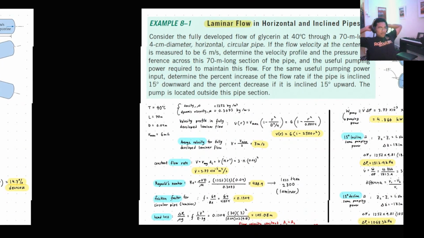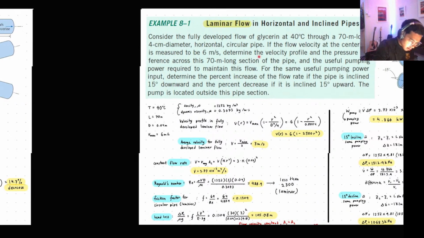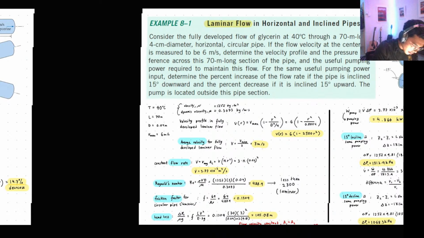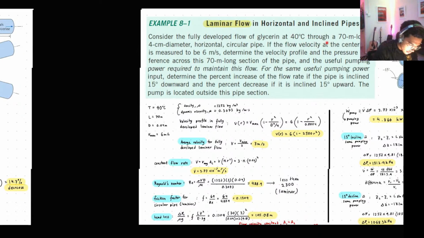Okay, welcome back, guys. Now we are going to do the first example: laminar flow in horizontal and inclined pipes. Bismillahirrahmanirrahim. Consider the fully developed flow of whiskey at 40 Celsius through a 7 meter long, 4 centimeter diameter horizontal circular pipe.